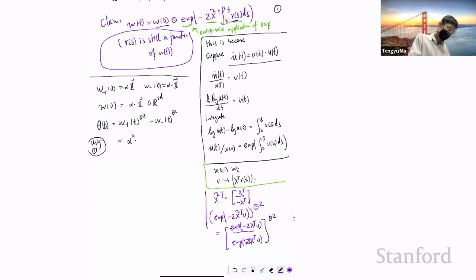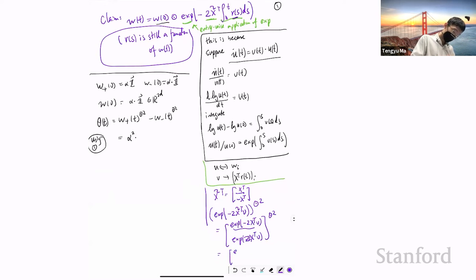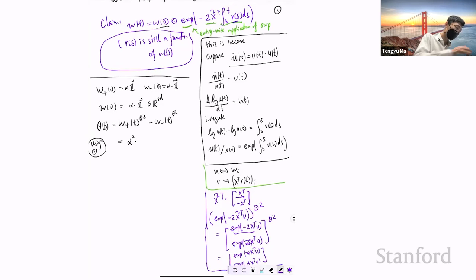Then this power 2 will become 4 because of the exponential, so you get exponential of minus 4x transpose v, and exponential of 4x transpose v. So this small derivation is trying to deal with this. You know that this thing to the power 2 will be something like this.